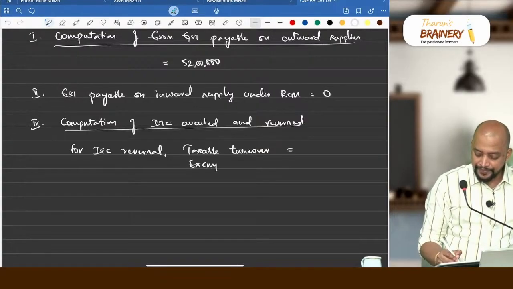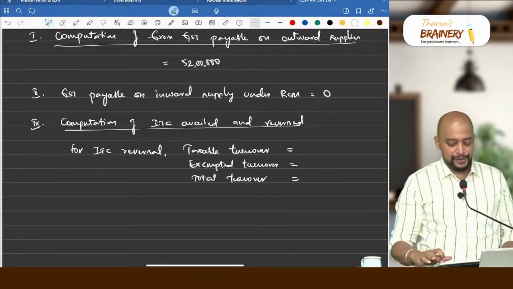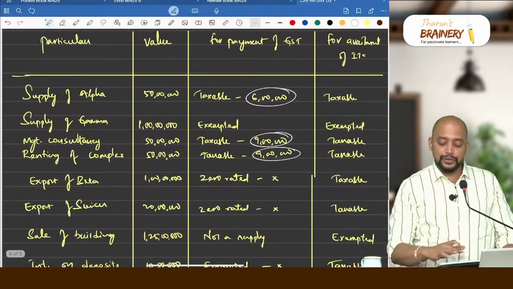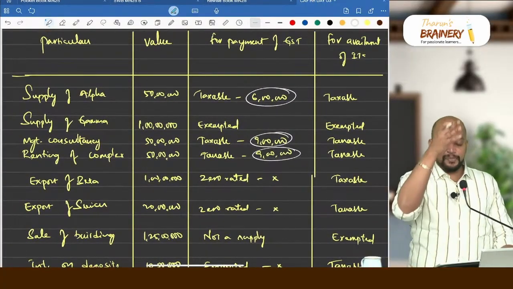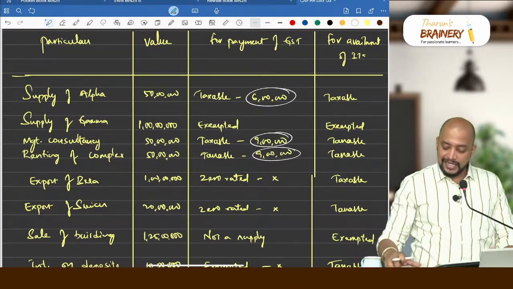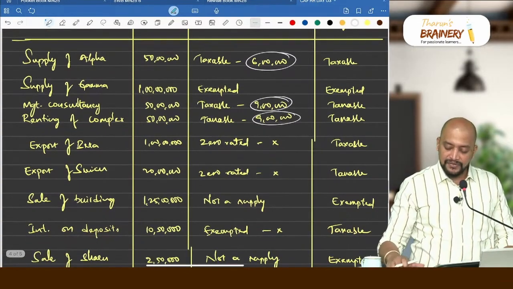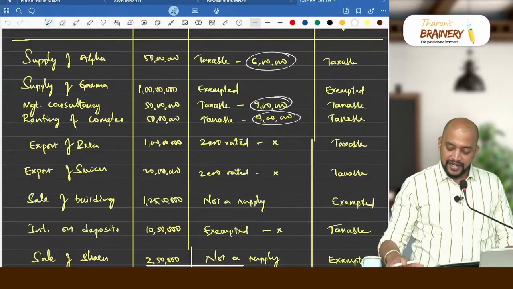Exempted turnover, and then total turnover. What is taken as taxable turnover? Wherever it is given as taxable, you take those amounts. That's the reason why we prepared a value column. Wherever it is taxable, 50 lakhs we take, then next 50 lakhs, and next 50 lakhs.